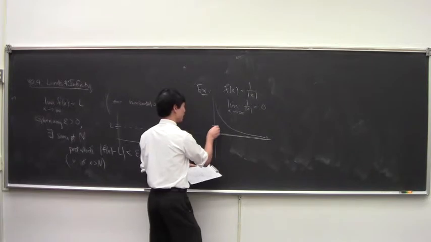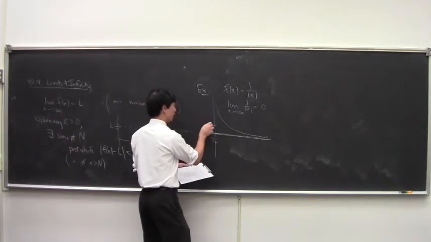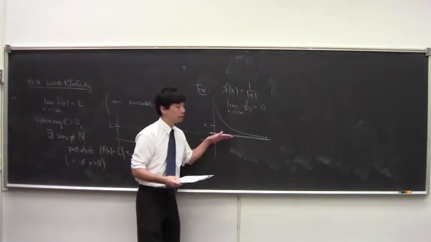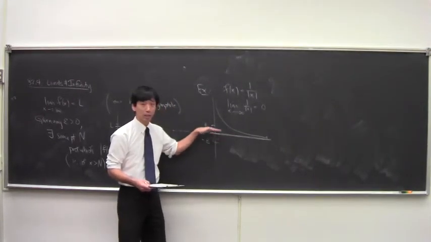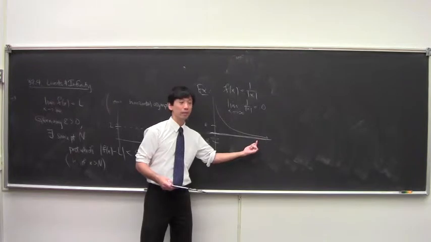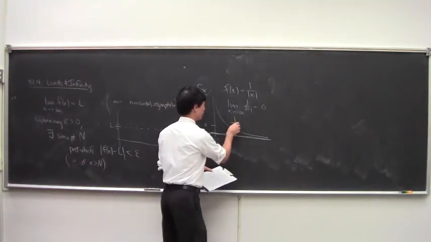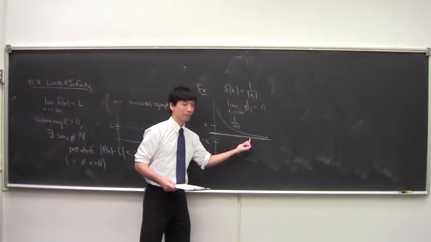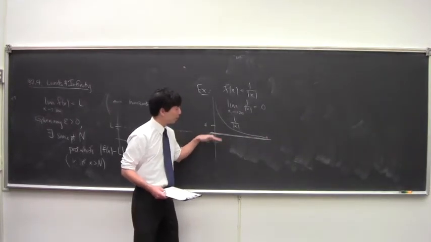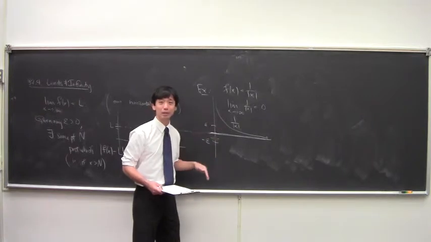If somebody wants you to stay within epsilon and minus epsilon, somebody says, if the limit is 0, you should be able to stay this close to 0. Well, how far along do I have to be? What is my n? The function is 1 over x. What n is such that past that n, all my values are between negative epsilon and positive epsilon?